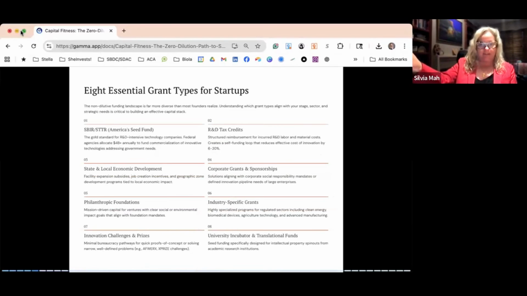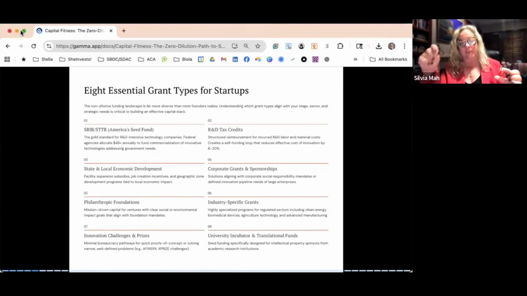Then there's R&D tax credits that are structured reimbursements for incurred R&D labor. Then we have state and local economic development. That really is focused on any kind of facility expansion subsidies or job creation initiatives and geographic zone development programs that are tied to local economic impact.